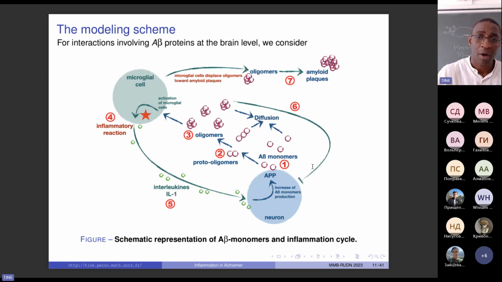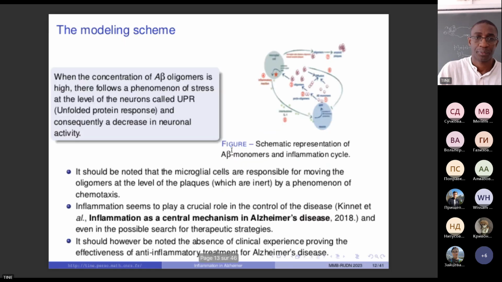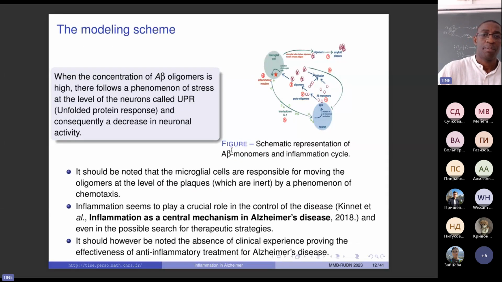Now having this model, this scheme, we want to design the model behind it. Before that, when the A beta oligomer concentration is high, there is a phenomenon of stress called the UPR, that means unfolded protein response.